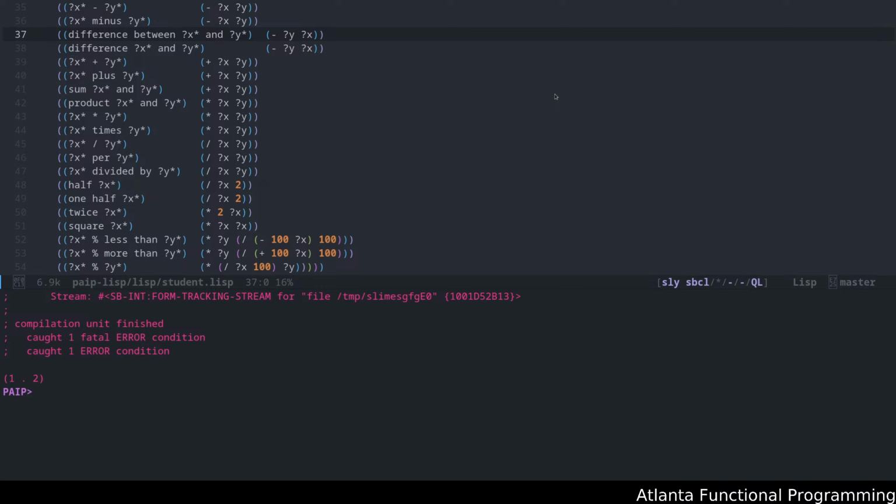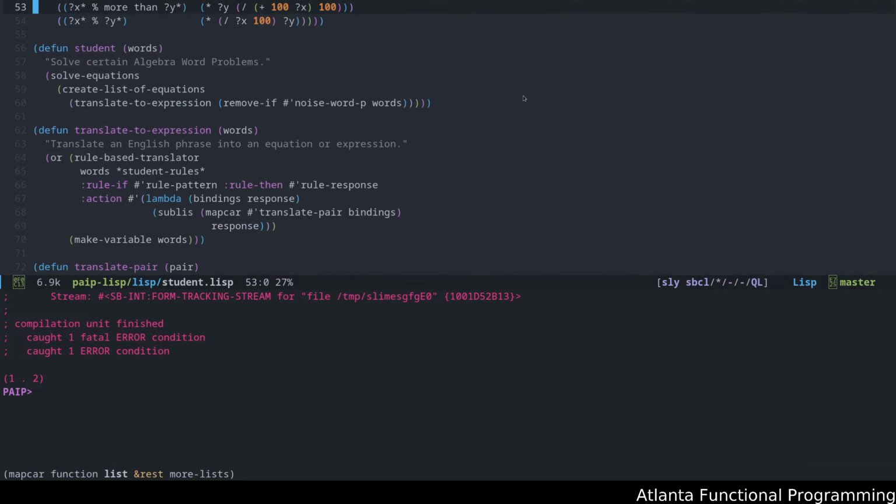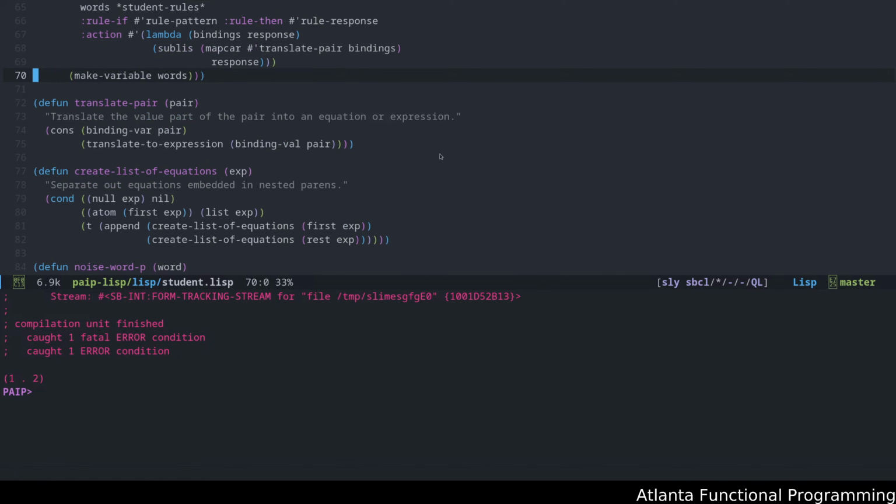Once this is in, then we have the actual main program, which calls solve equations, which is the main thing we're going to look at. Create list of equations essentially uses the rule database to translate each of the individual words that we created into an expression, and then generates a list of equations that we can solve later with solve equations. All this is doing is creating a list of equations using a set of expressions.